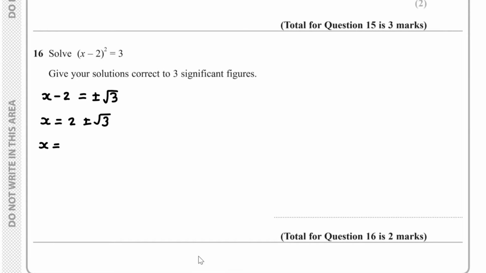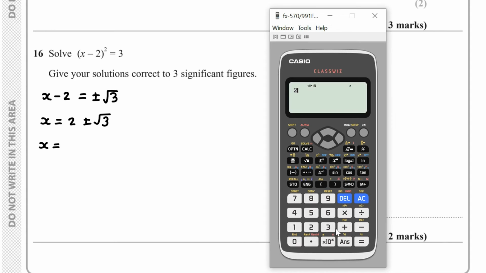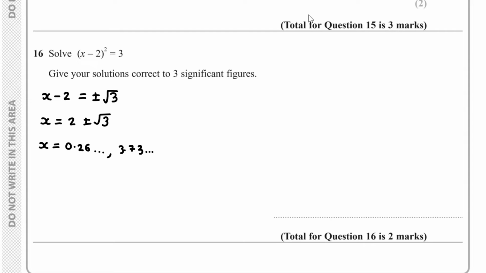So if we work the value of this out, we've got 2 plus root 3, which is 3.73, etc. And if we work out 2 minus root 3, we get, as a decimal, 0.26, etc.